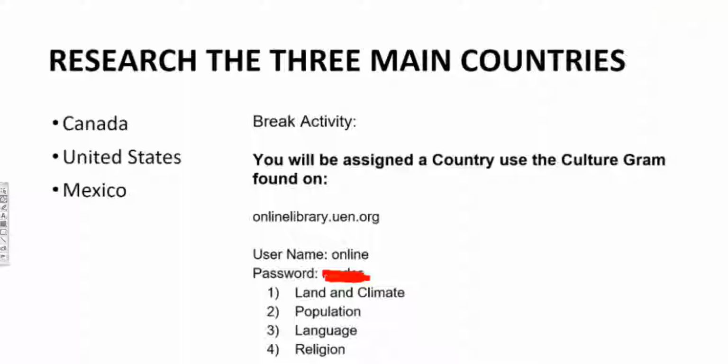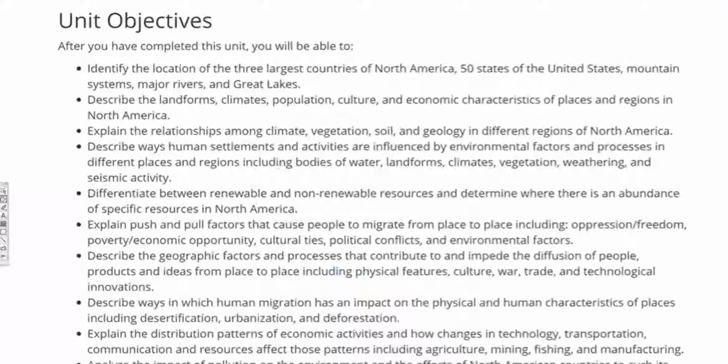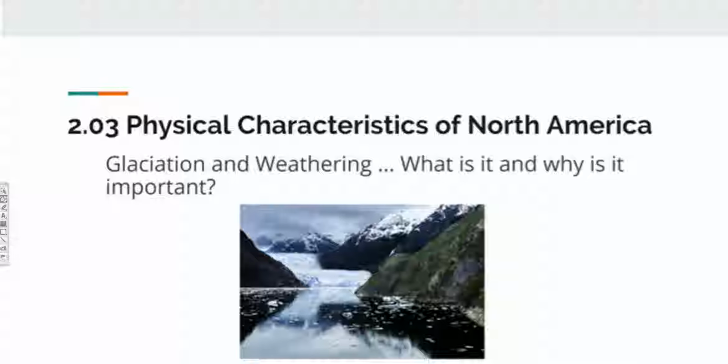Okay, let's get going on here. So here's the objectives that you go through. This is what you'll read through in your module. But I'm just going to talk a little bit about North America. So a couple things about North America. Their physical features. There's a lot of different physical features. We talked a little bit about in Canada, there's glaciers, there's desert. It's a vast array.